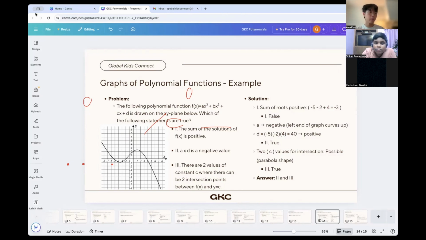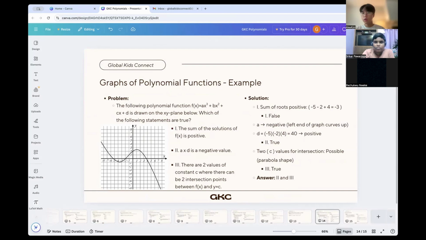Excuse me for that. Sorry, there's something wrong with my touchpad right now.